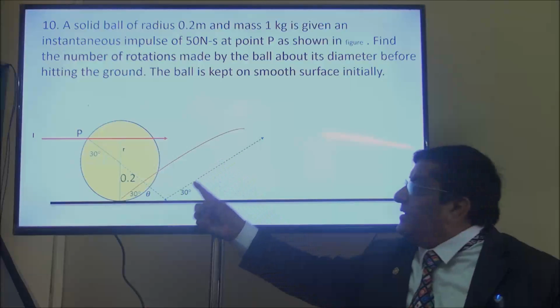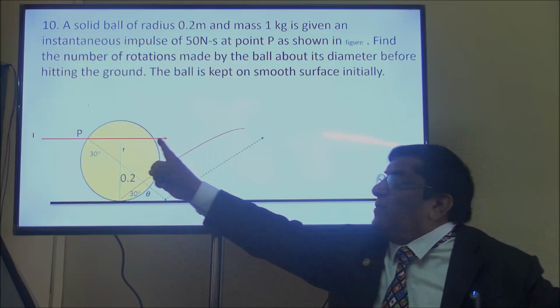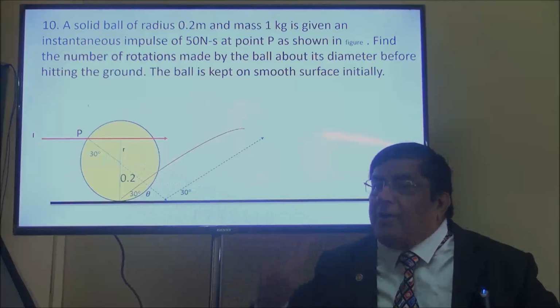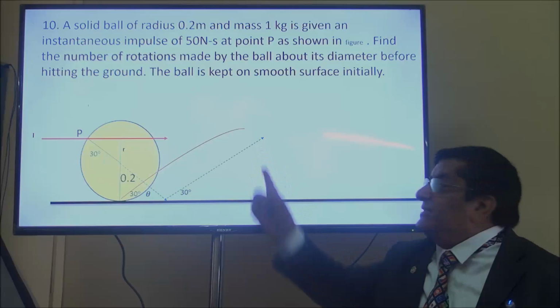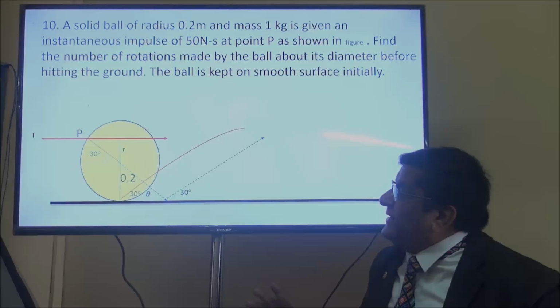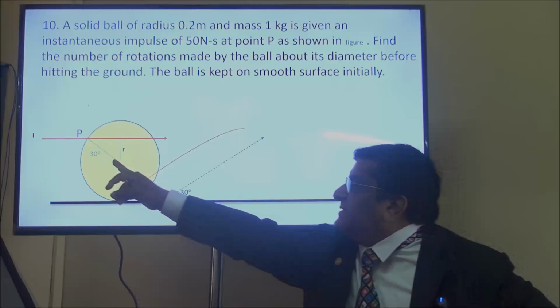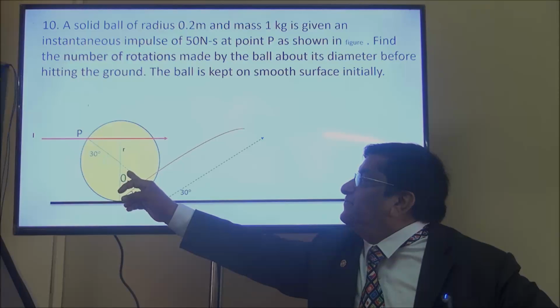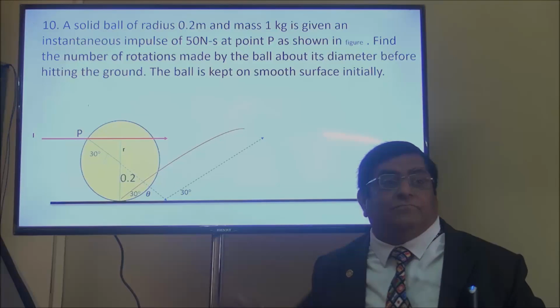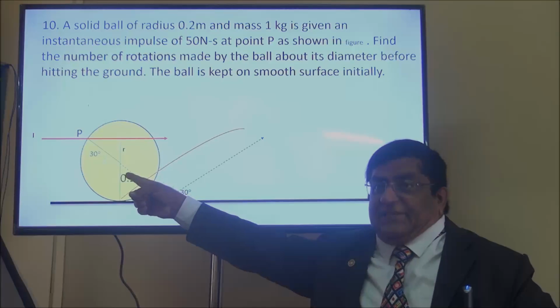Right? Okay. So, when this ball bounces because of this hit, what will be this angle? 30. Can you make it geometrically? Yes, this is 30, this is 90. How much will be this one? 60. Correct?